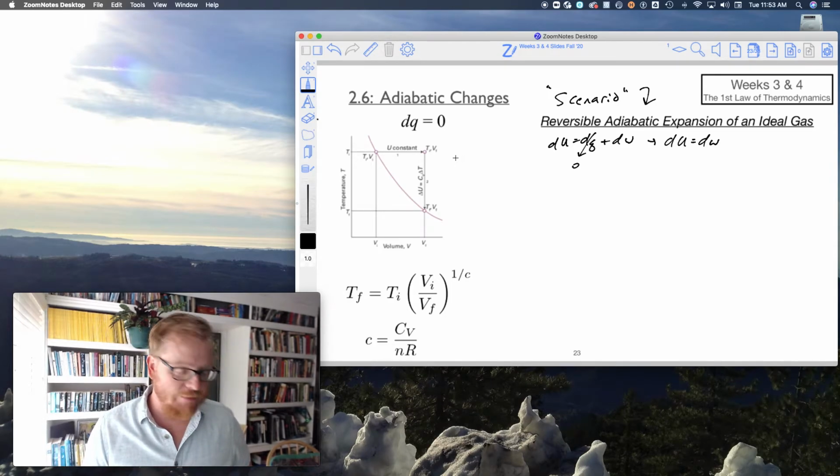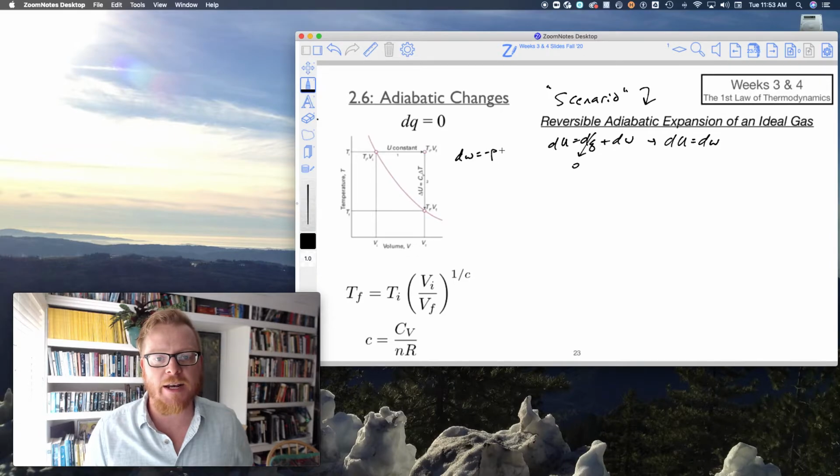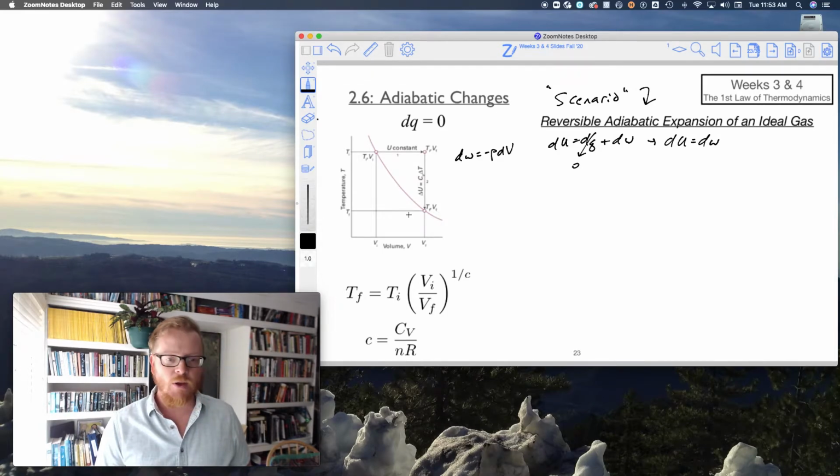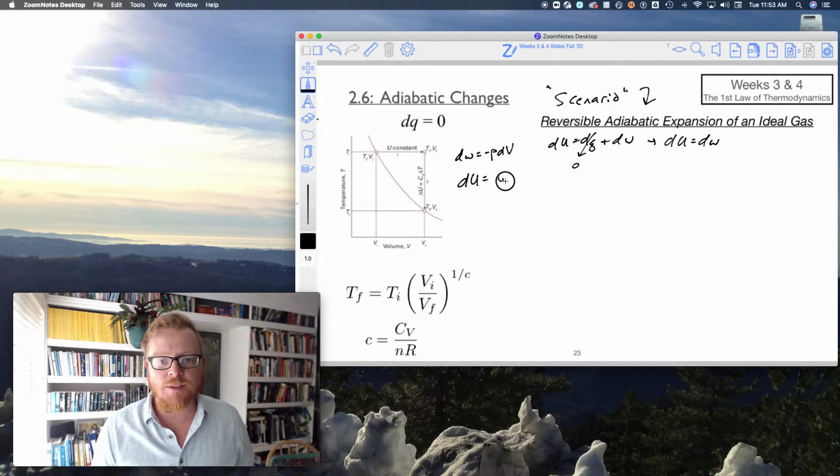Well, I'm going to make a little inventory over here on this side. We know that dw equals negative P dV for reversible changes, for reversible expansion or compression. We also know that when volume is being held constant, dU equals CV dT.